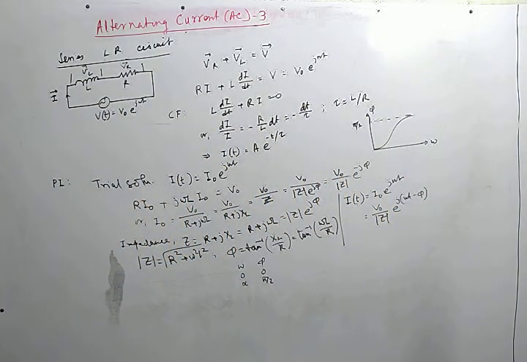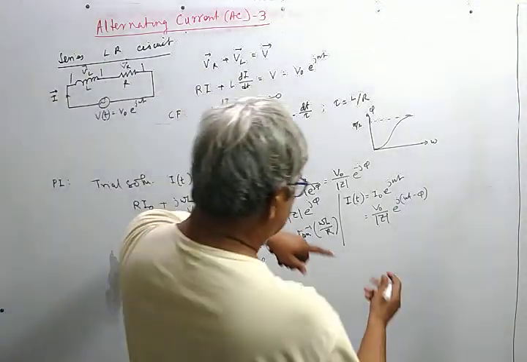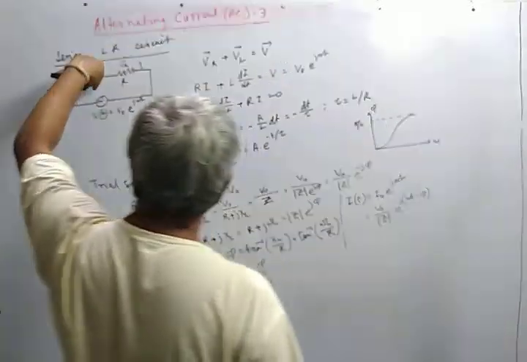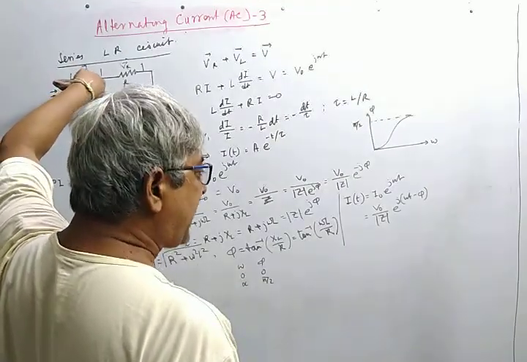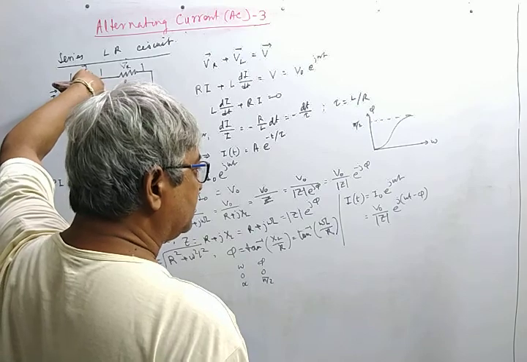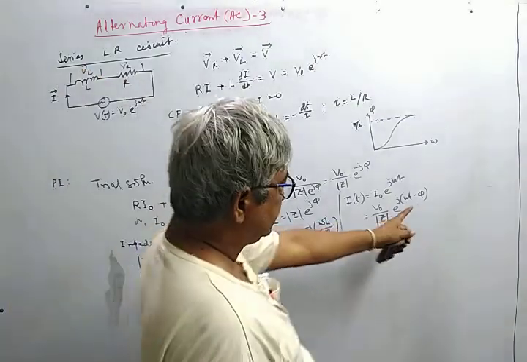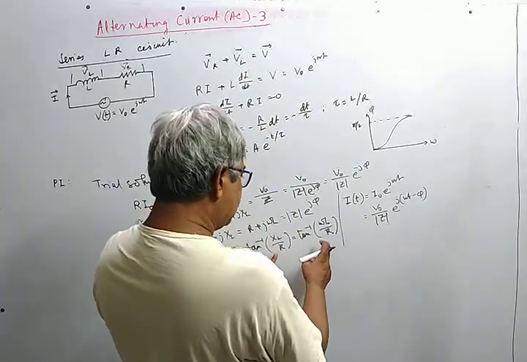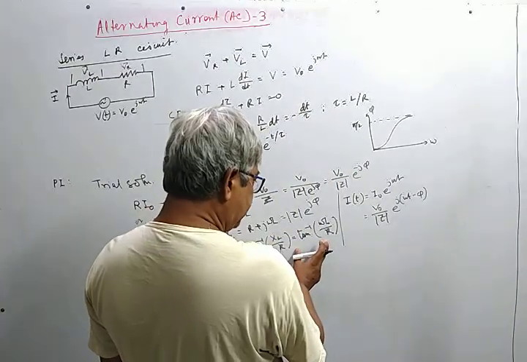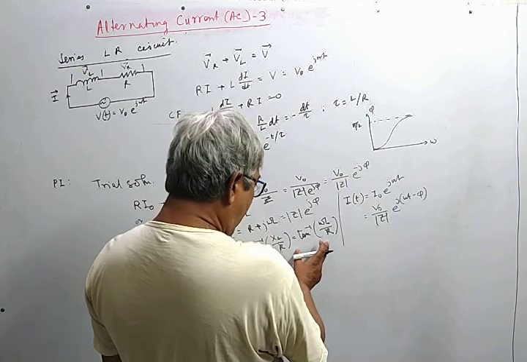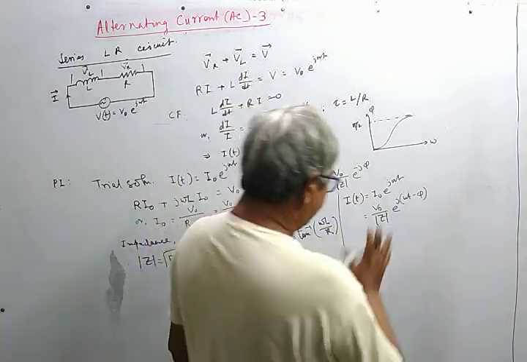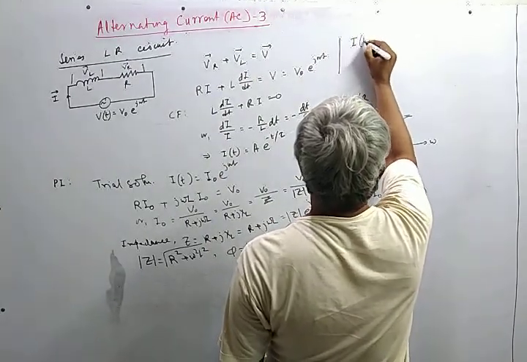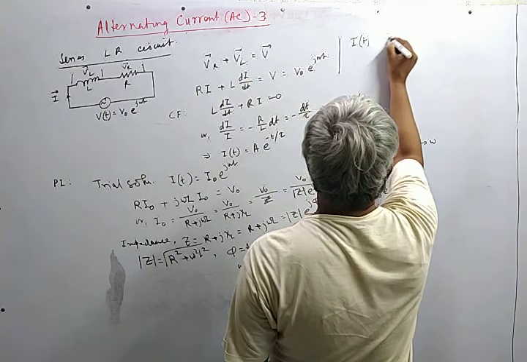So comparing this expression with the voltage, we see that the current through this series LR circuit lags behind the applied voltage by a phase angle phi, which is given by this. The phase is 0 at 0 frequency and tends to pi by 2 at high frequency. Let me keep this term for comparison.